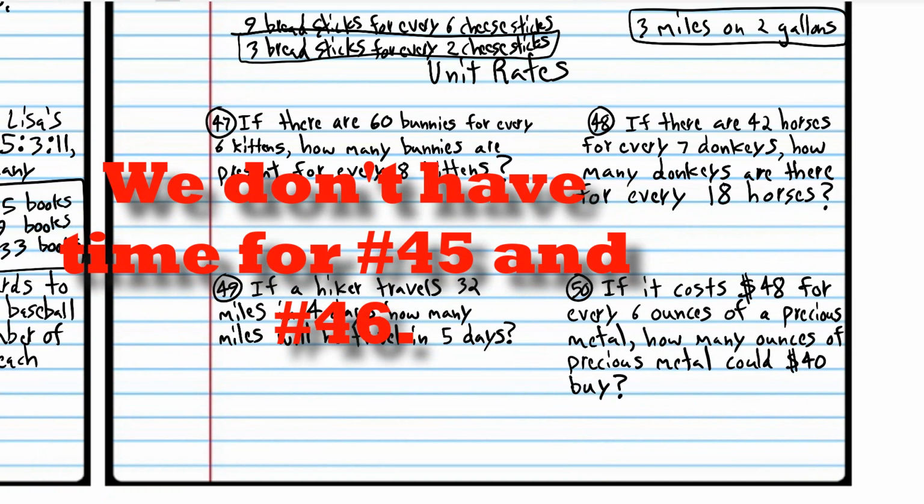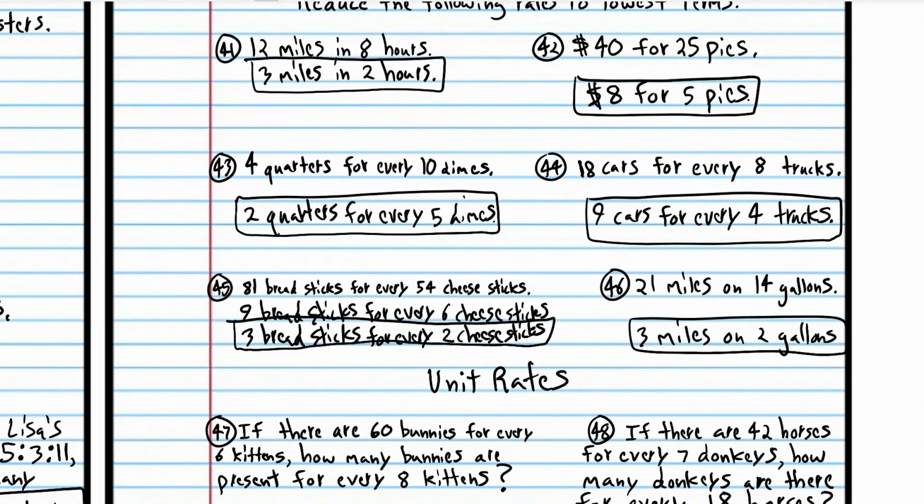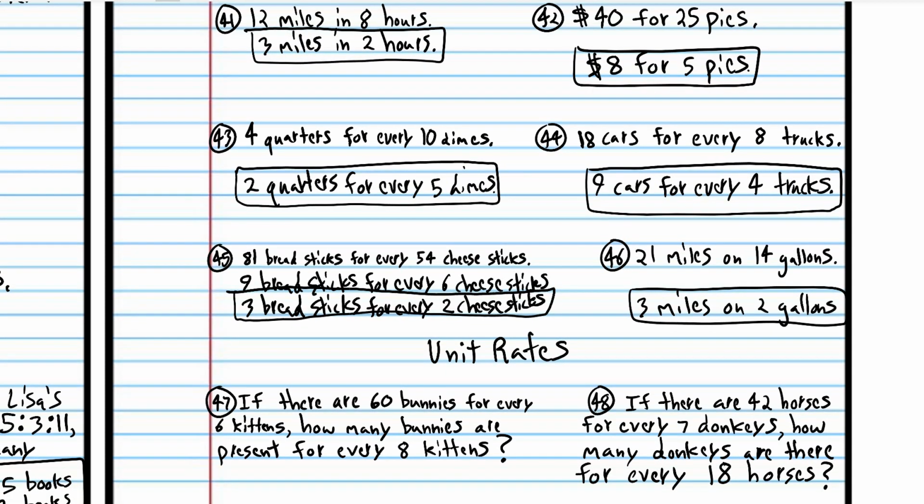Okay, now we're going on to something different. Now we're going on to a special type of rate. These rates up here were in lowest terms, but they're not unit rates. We had 3 miles in 2 hours.